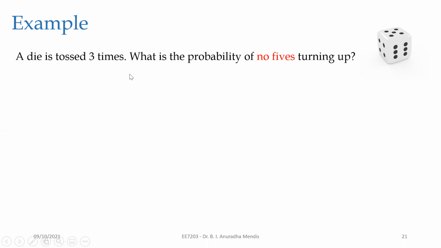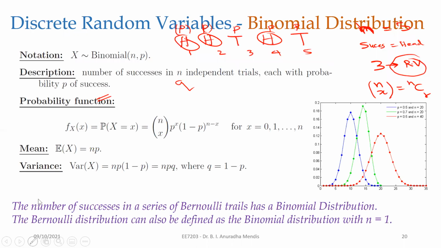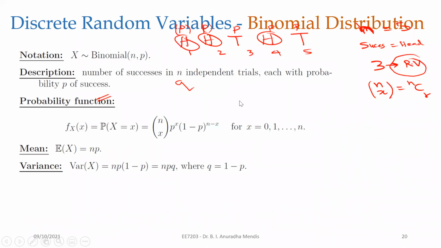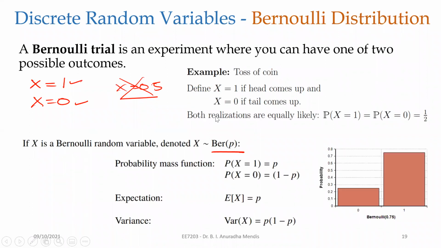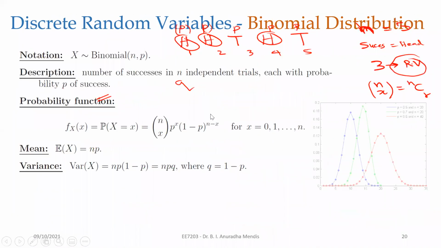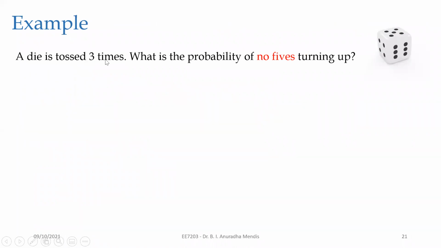Now you have to identify what the random variable is and what the distribution is. Then only can you calculate this probability. Whether this is a binomial or Bernoulli distribution, definitely it is not Bernoulli because it has 3 trials, 3 times. Then it should be binomial distribution, isn't it? But there are 6 sides, no?